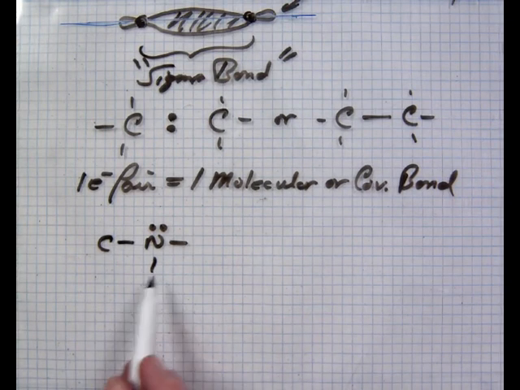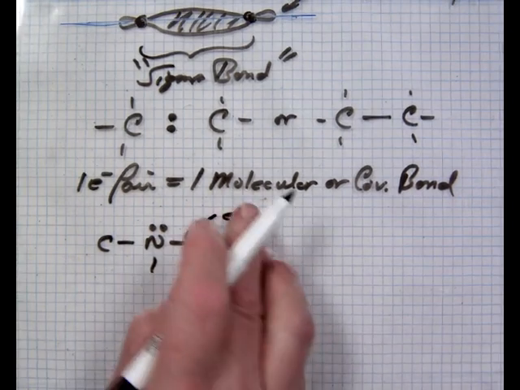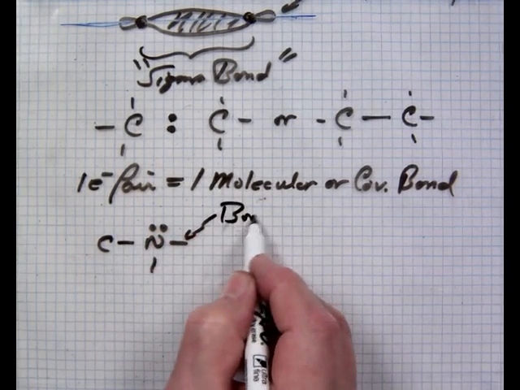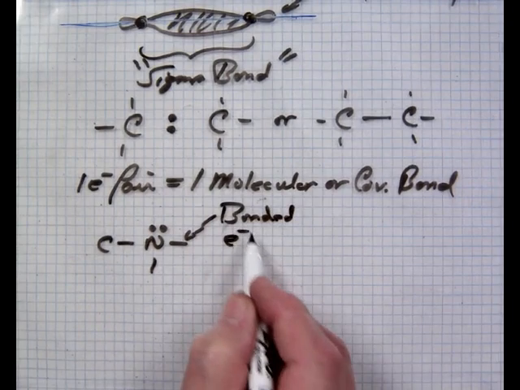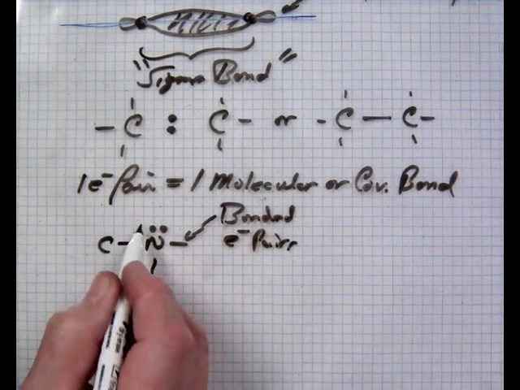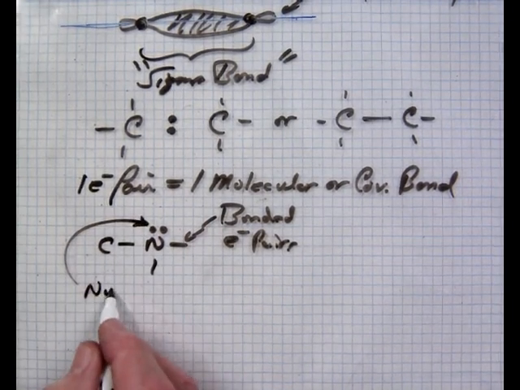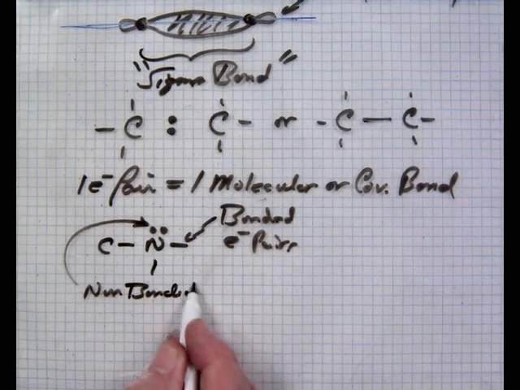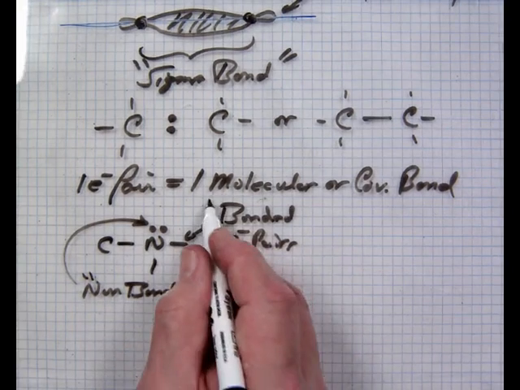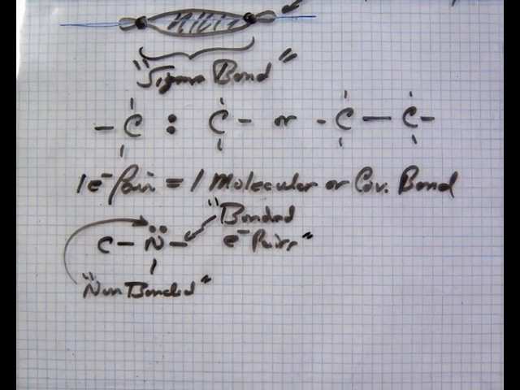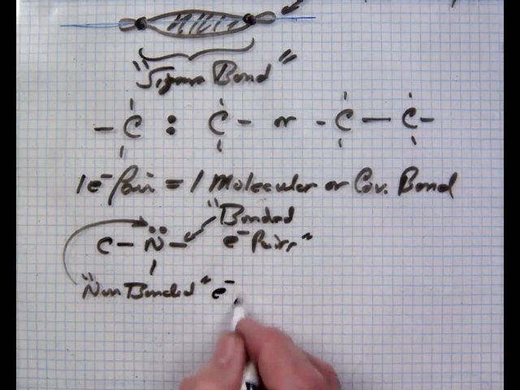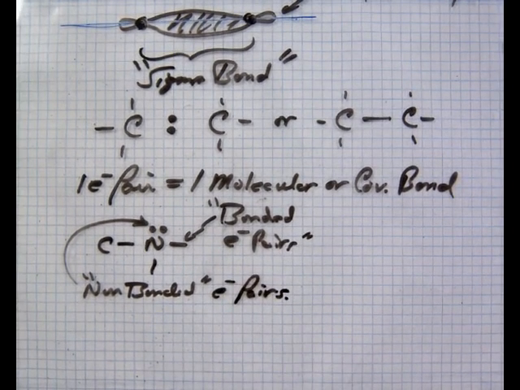But these other bars in here are bonded electron pairs. There's just terminology I'm trying to hit with you right now, guys. So don't get confused. I'm just hitting some high points so I can discuss the rest of it. Non-bonded electron pairs. So we'll be using the bar method to represent various bonds.